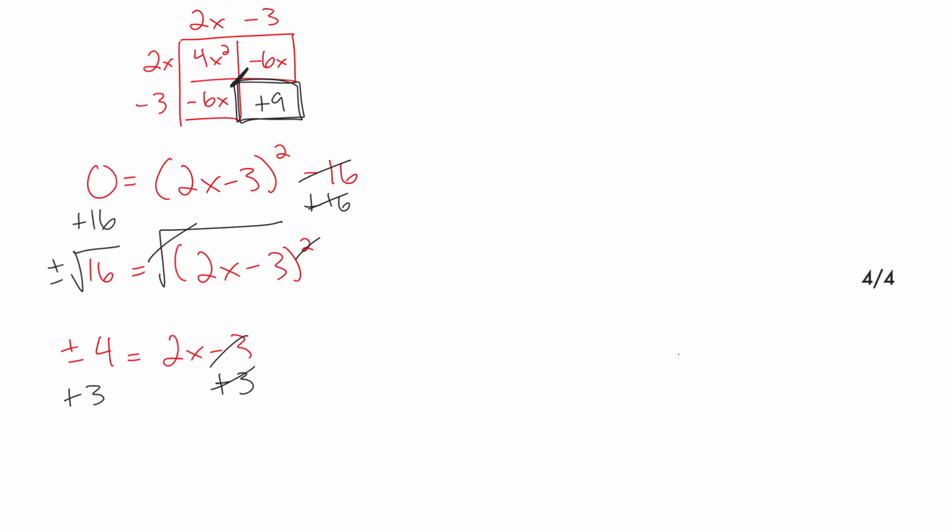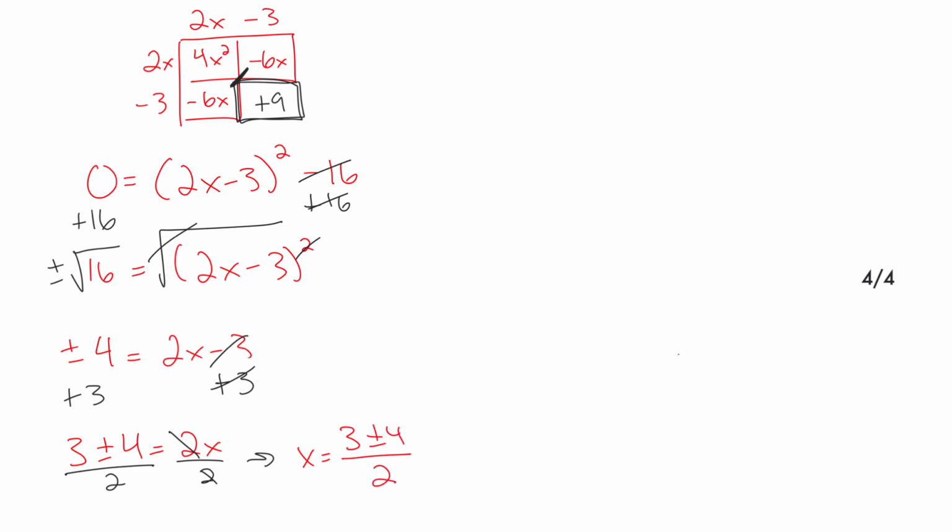That becomes 3 plus or minus 4. It stays that way. When I divide by 2, I don't divide the 2 into the 4. I divide everything by 2, and I write it as x equals 3 plus or minus 4 all over 2.